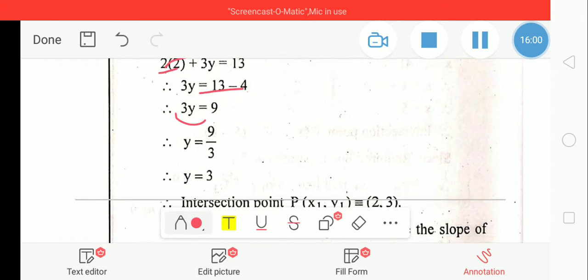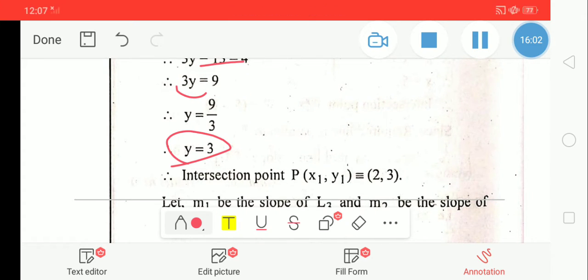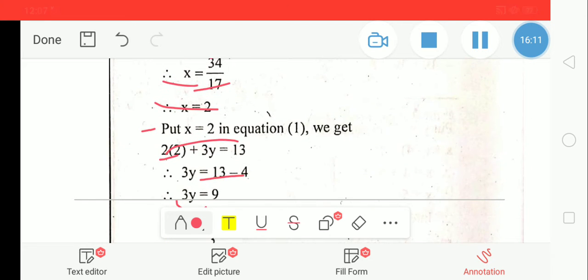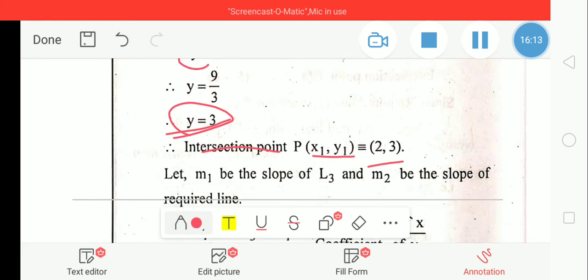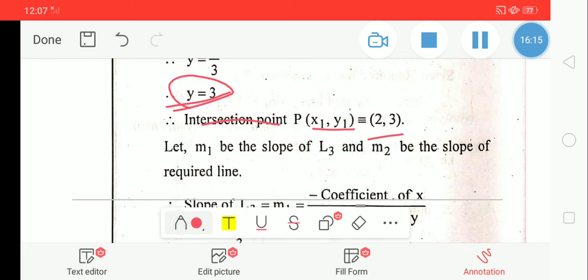So 9 divided by 3 means y is equal to 3. So the intersection point P is x1 and y1, that is 2 and 3. X is 2 and y is 3. So the intersection point P is (2, 3).